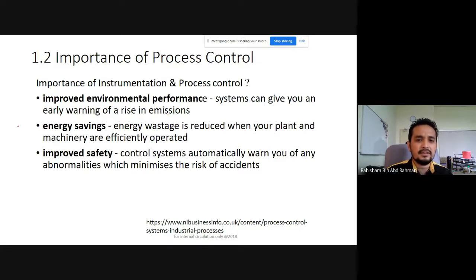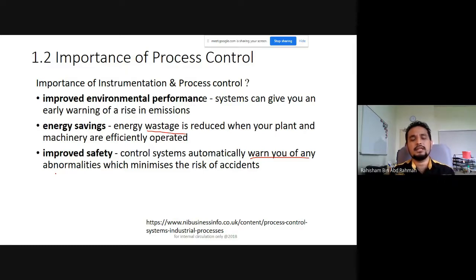Energy saving reduces wastage, and improves safety, as I mentioned. It could warn you of any abnormalities. So I don't need to describe this. I do believe you all can appreciate these things. And of course, it is not limited to these three and six points. You can always come up with your own justifications or points with proper descriptions.